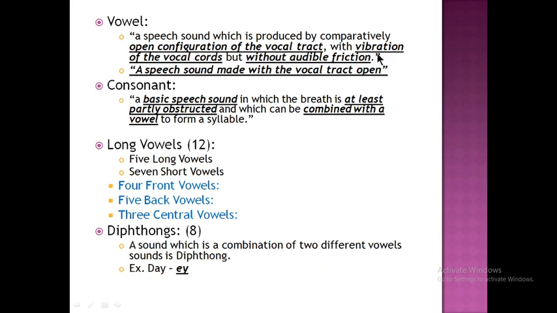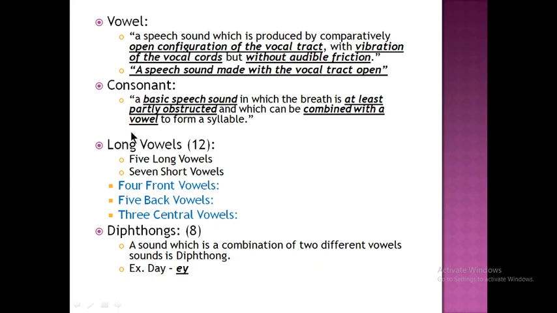That means there is a regular vibration in the vocal cords, but the friction happening there is not audible. Two things are important to know: the wide opening of the vocal tract and the vibration. But even when the vibration is present, the friction is not audible. That is vowel sounds. So speech sounds made with the vocal tract open are vowel sounds.